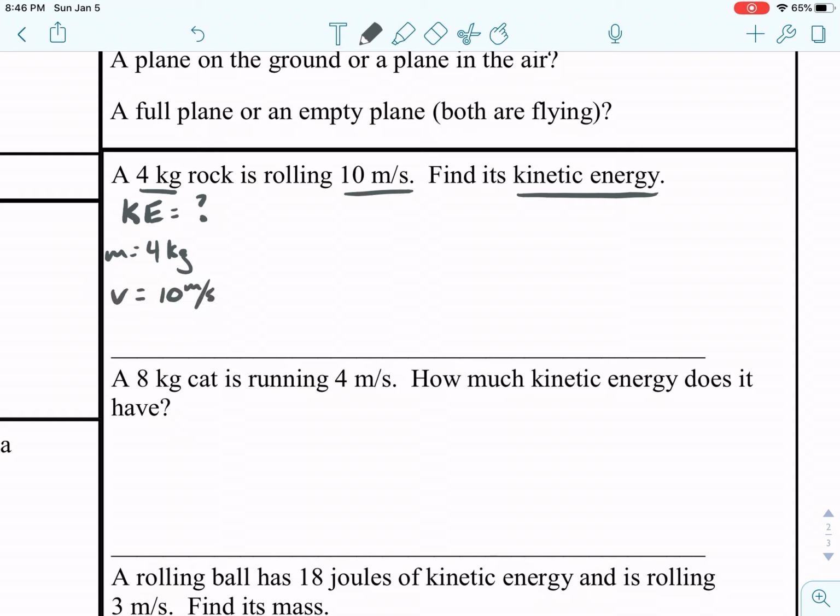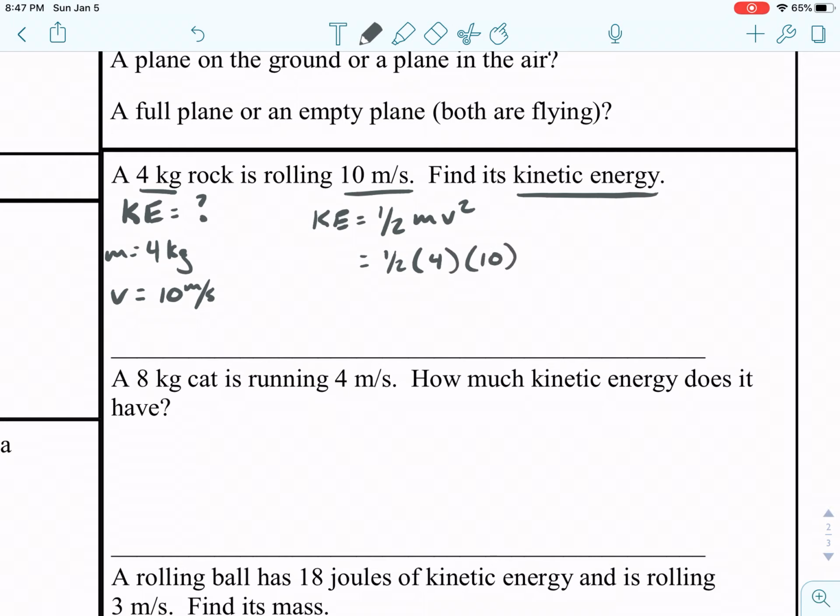That's a velocity. And now what we need to do is just pull out the equation for kinetic energy. I'll let you look that up in your notebook or at the top of this page. All right, good. It's 1/2 mass times velocity squared. So all we need to do is plug the values in where they belong. Our mass is 4, and our velocity is 10.